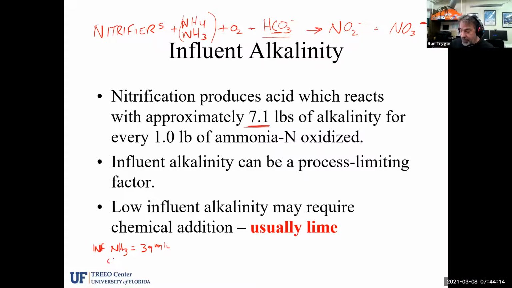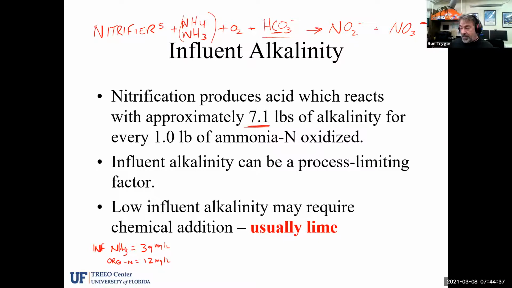So I'm going to put organic nitrogen here, because you learned today that the organic nitrogen also gets ammonified and converted into ammonia that has to be subsequently nitrified. So let's say that the organic nitrogen is 12 milligrams per liter, and this is going to be coming into the treatment plant and will need to be nitrified.